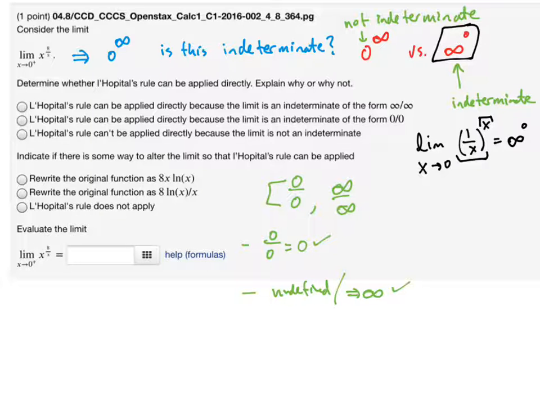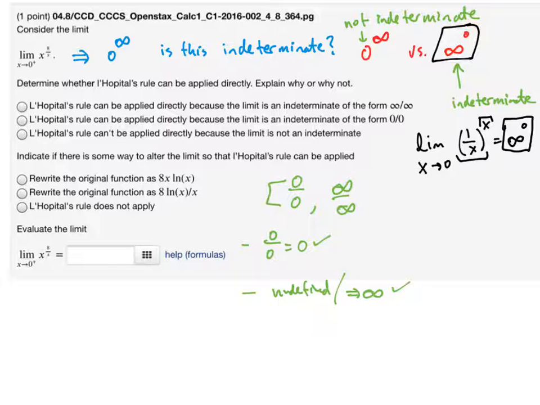However, when we raise that function to the 0 power, we end up with infinity to 0. And this just means that with this limit, we don't know what's happening. The base function is going to infinity, but the exponent function is going to 0.